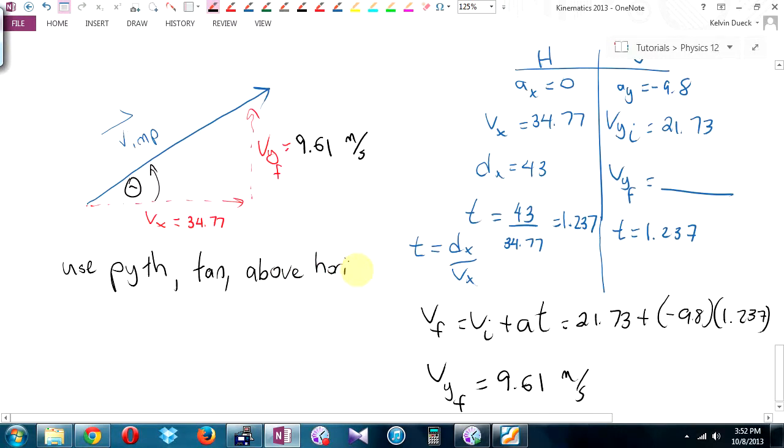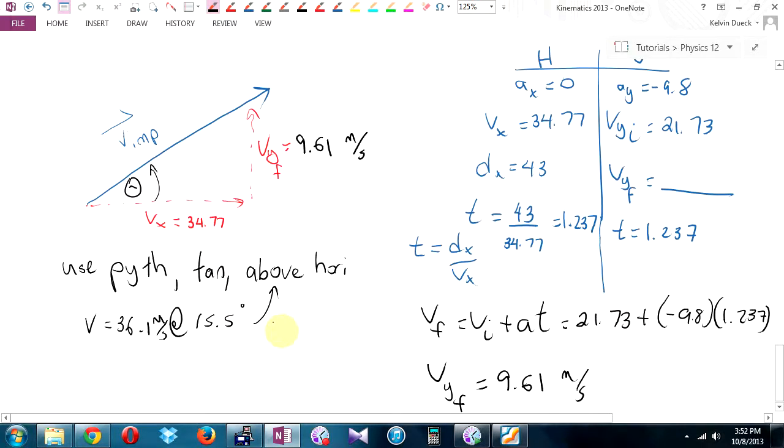For those of you who really want to know, it's going to be that squared plus 34.77 squared, square root. It's going to be 36.1 meters per second at inverse tangent of 9.61 divided by 34.77, 15.5 degrees above the horizontal, if you want to try yourself, okay?